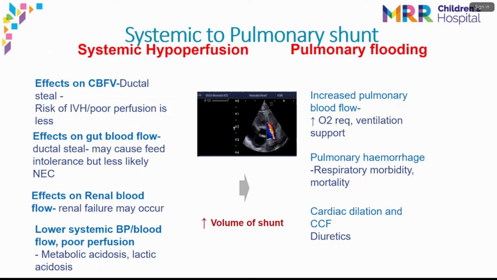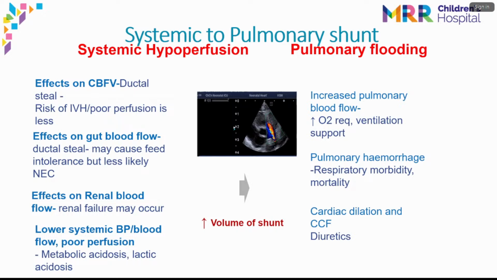Then effects on renal blood flow: renal failure may occur. Lower systemic BP, blood flow, and poor perfusion lead to metabolic acidosis, lactic acidosis. Increased volume of shunt causes pulmonary flooding. Increased pulmonary blood flow causes increased oxygen requirement and ventilation support. Pulmonary hemorrhage causes respiratory morbidity or mortality.